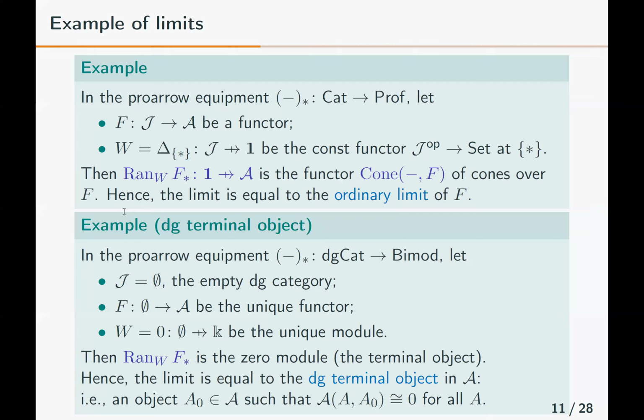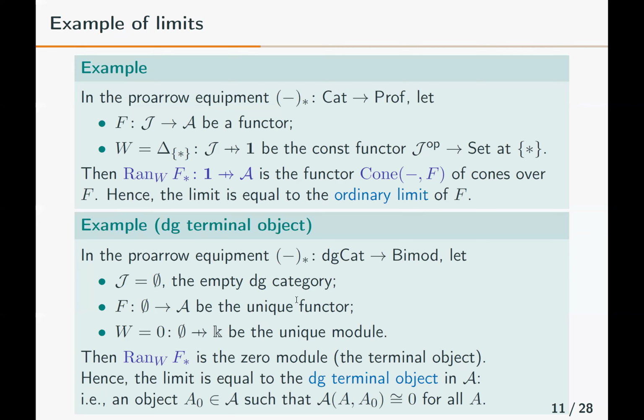More generally, enriched weighted limits are recovered as weighted limits in the proarrow equipment of enriched categories. As a simple example, consider terminal objects in DG categories.